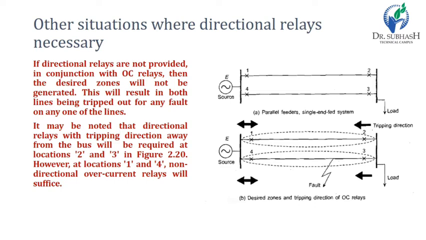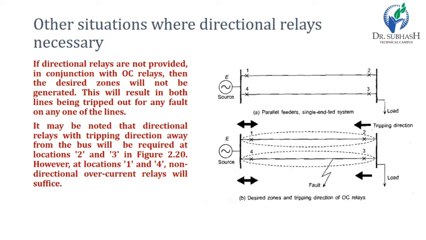So number 2 and number 3, if the relay is employed with directional feature, it will detect the reverse path of the current, the faulty current direction, and it will trip.